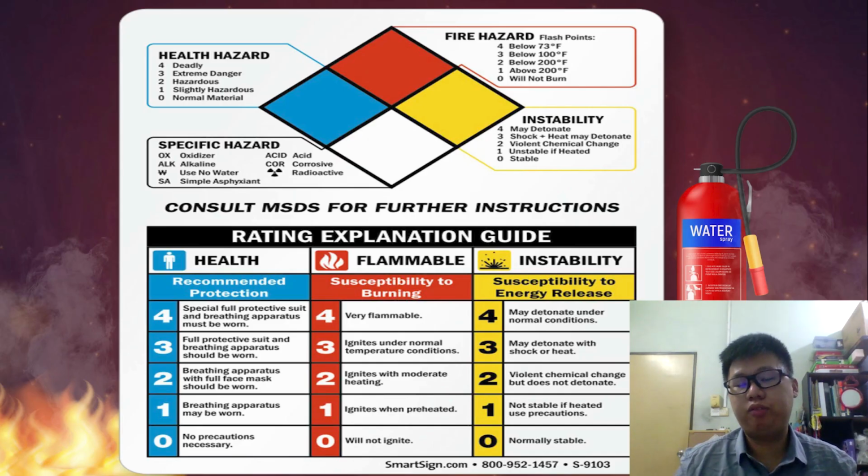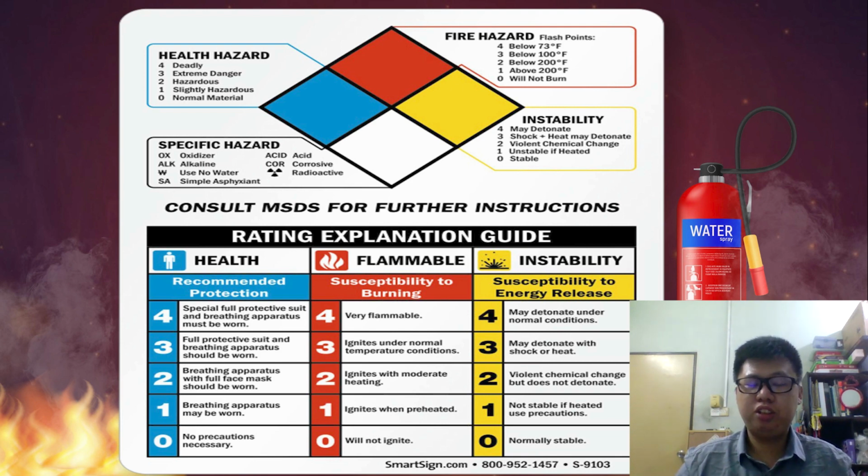Looking at the example in this picture, we can see that on the left side is the health hazard indicated by blue, the right side is instability by yellow color, the top side is fire hazard indicated by the red color, and the bottom side is the specific hazard indicated by the white color. So we can see on the table below that each rating from 0 to 4 for each of the hazards indicates a specific explanation.